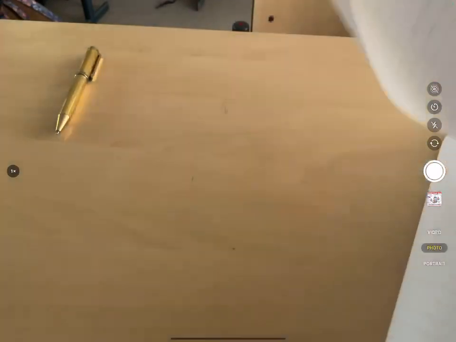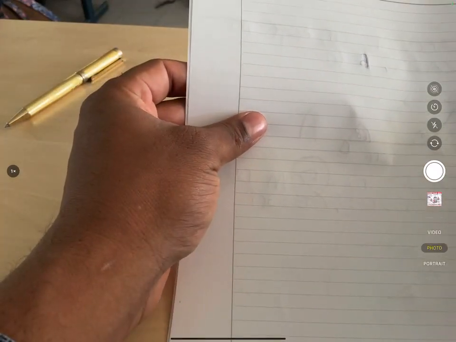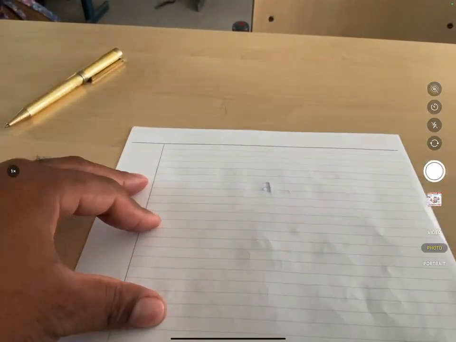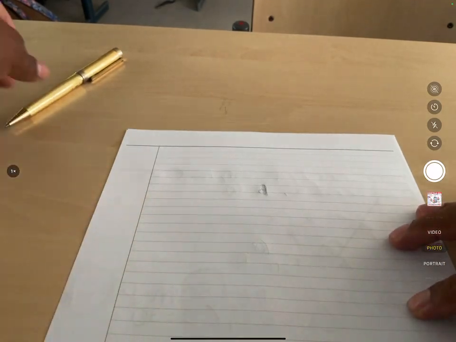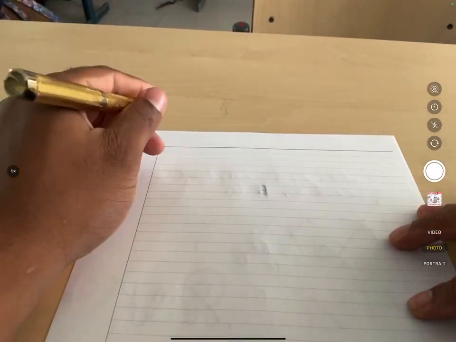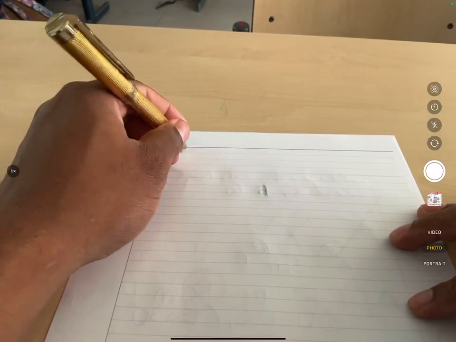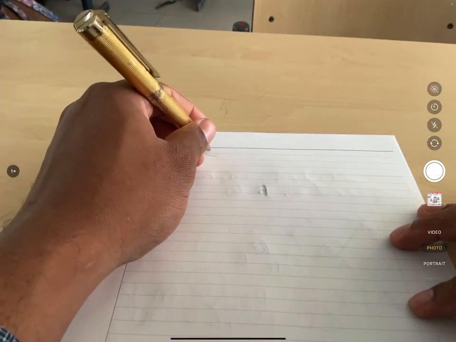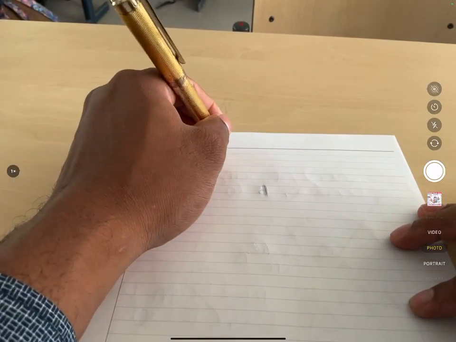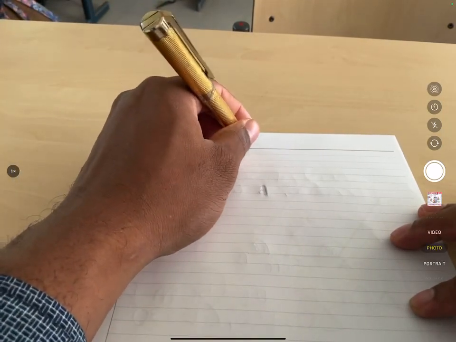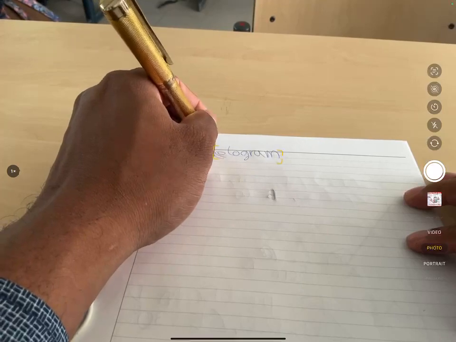Good. Parallelogram, two L's. Oh, my handwriting on my left hand is awful.